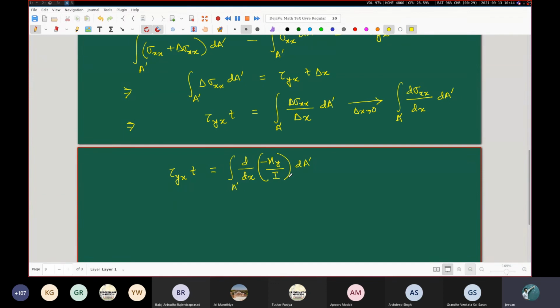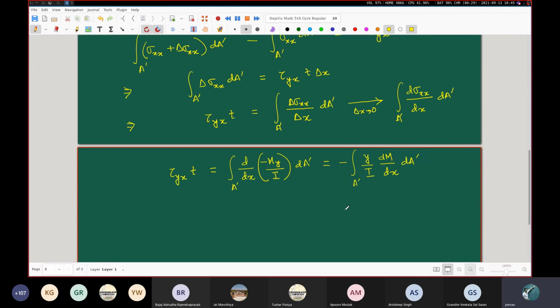So we'll be left with something like this: minus dM/dx times the integral of y by I dA dash. In fact, this I can also be taken out of this integration, but for now we keep it inside.